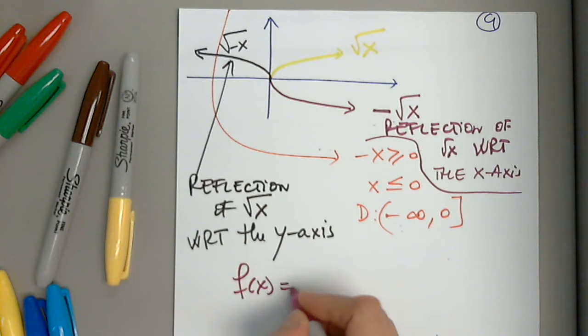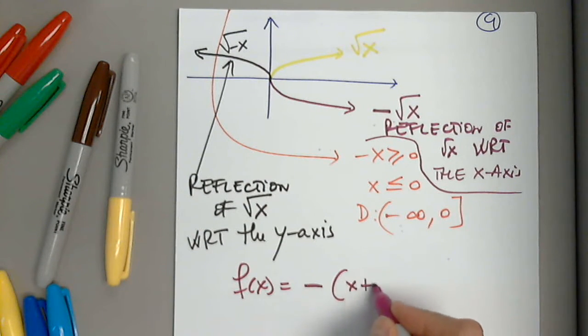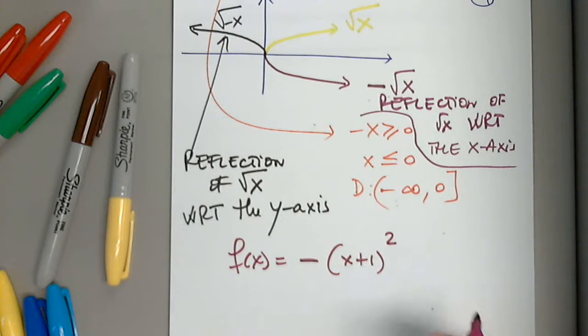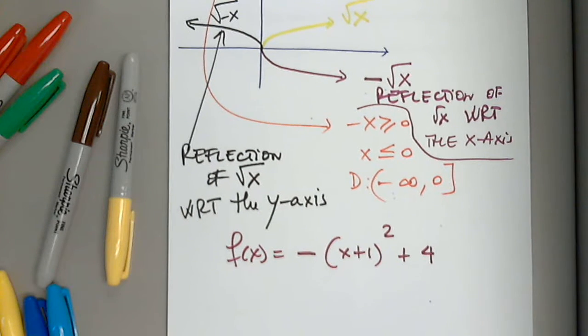f of x equals negative (x plus 1) squared plus 4. Yes, however, be very careful. Let's write a big note here.